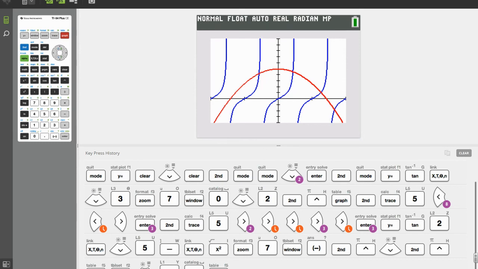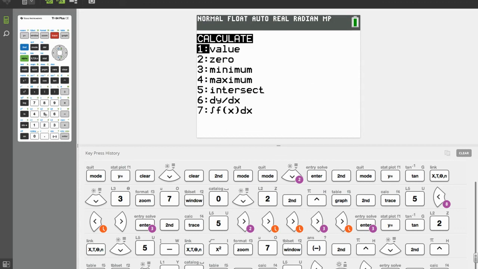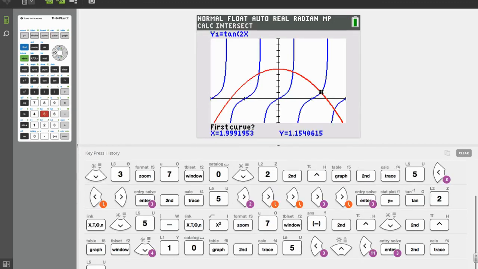So we have to do the calculate intersect 4 times. Move to the first intersection. I'm going to hit enter, enter, enter, and we get a value of negative 0.90. Do it again, second trace, number 5.